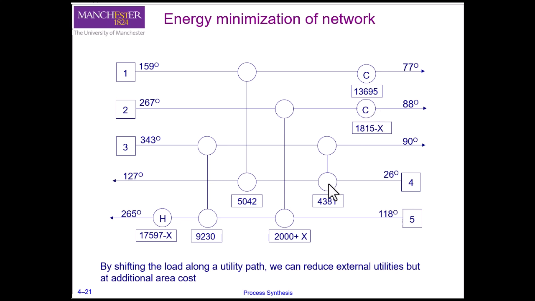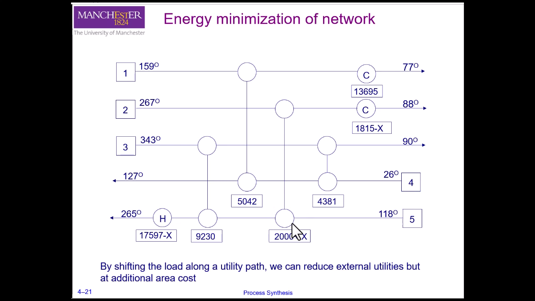So we can move the energy along this utility path, and by doing that we actually reduce its heating utility and cooling utility by increasing the size of this exchanger here. So not only have we reduced the energy consumption, but we have also changed the conditions under which these exchangers are working on this utility path. For example, this exchanger here.